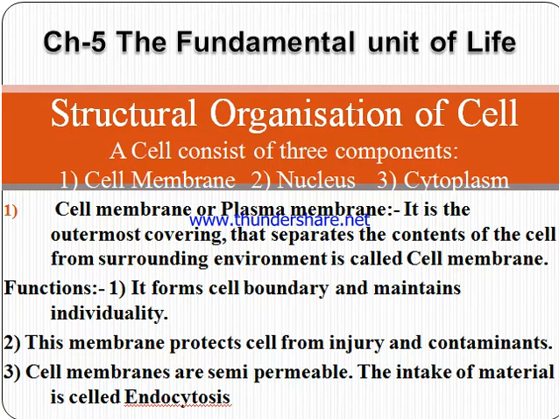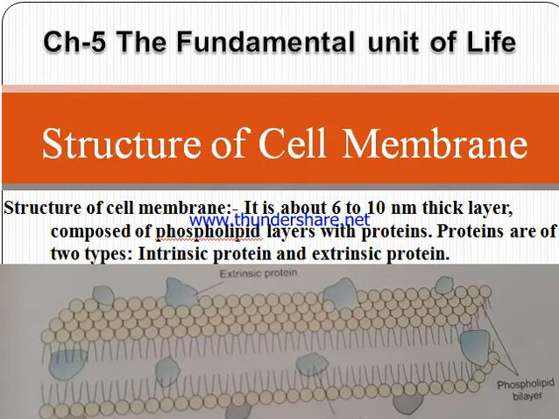Next is the structure of the cell membrane. The cell membrane is about 6 to 10 nanometers. A nanometer is a very small unit of measurement. So the cell membrane is a 6 to 10 nanometer layer composed of phospholipid layers with proteins.